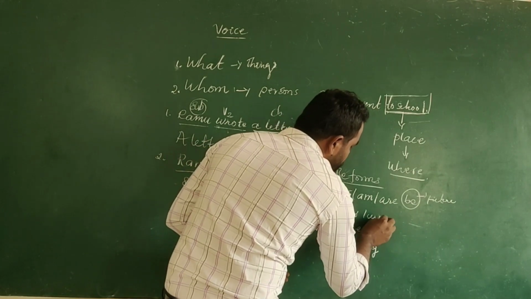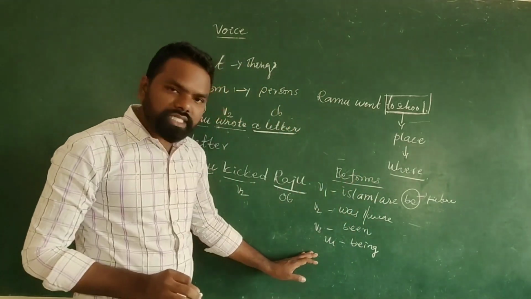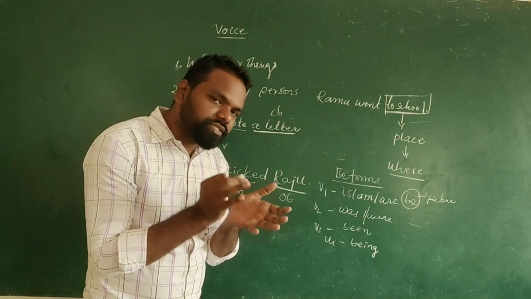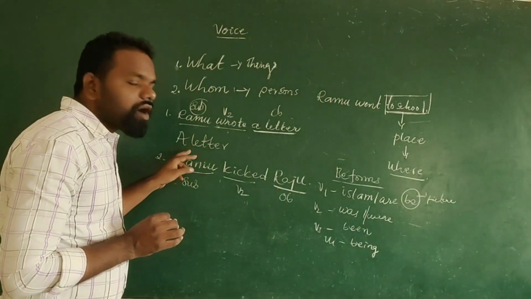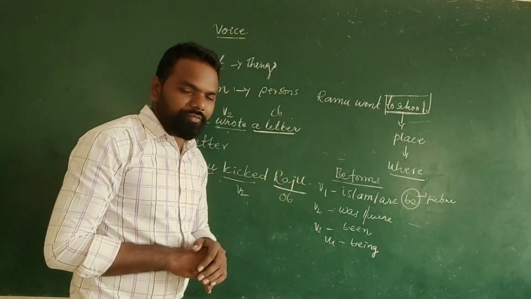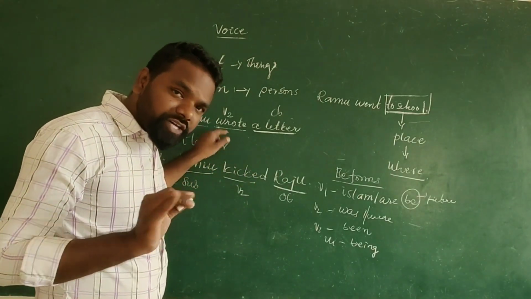And now, if you know these be forms, it could be easier for us to change active voice to passive voice. Now, a letter. The first step we have completed. What is the second step? Be forms we have taken. When you are going to take be forms, identify the verb first.